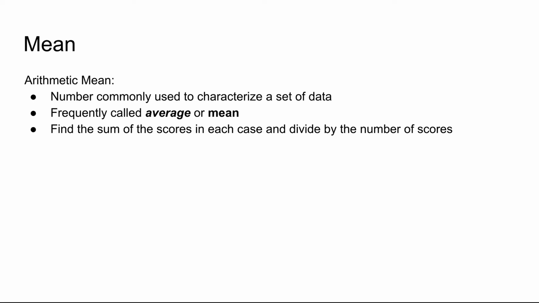Frequently we call mean as average, or sometimes we call that as mean. So when we're talking about average, it's the same as mean. You can find the sum of the scores in each case and divide that by the number of scores. Right, so here is the definition.